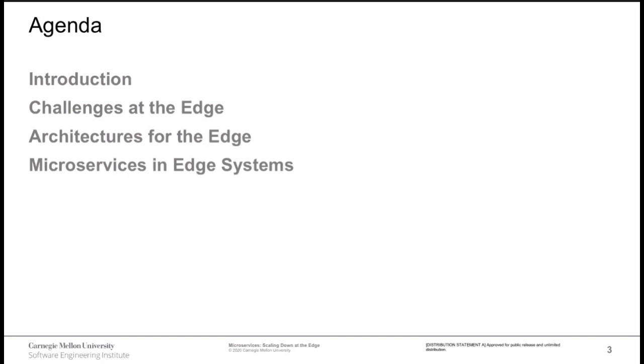Then we'll explore how these challenges manifest in both types of edge environments through the use of quality attribute scenarios, culminating in a combined scenario that provides context for how and why these challenges might be found in edge environments. Finally, we will discuss how microservices can be a powerful tool for addressing the challenges we've discussed.